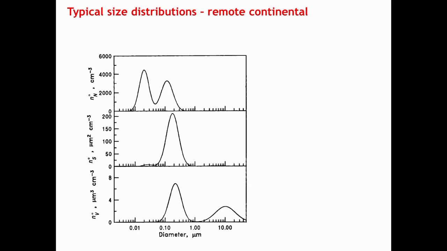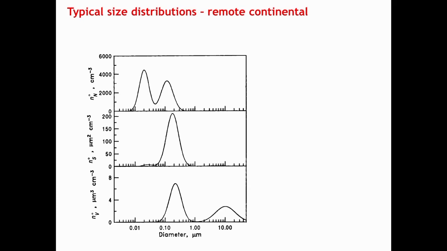By the time you try and calculate the surface area, that first mode is almost gone, because it's dependent upon the radius squared. So you almost don't notice it. And by the time you get to the volume, that first mode is insignificant.